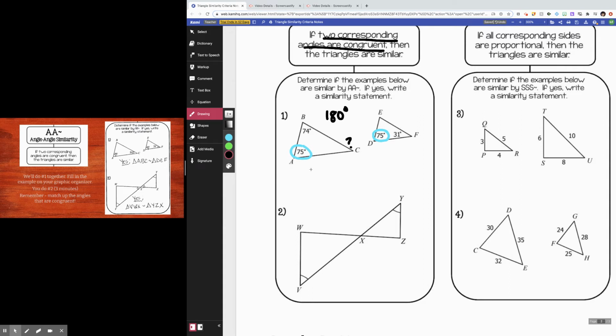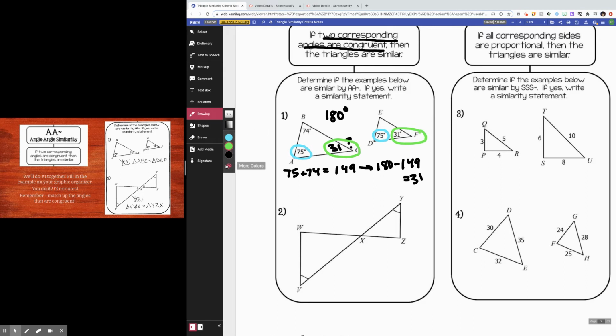If it is, then I have two sets of congruent angles. Okay, so I'm going to do 75 plus 74, which is 149. And then I'm going to subtract that from 180. 180 minus 149 equals 31, which is what I wanted. So this angle is 31, which means I now have two sets of congruent angles.